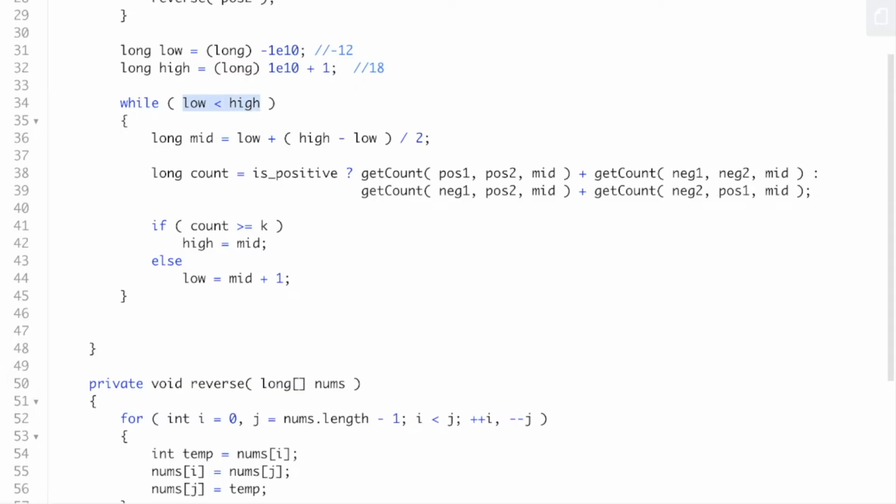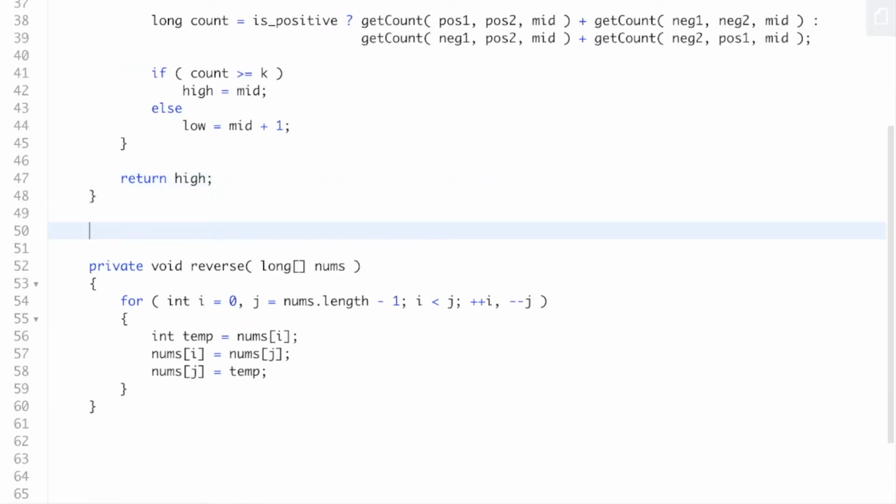That's the only way that we get out of this loop. So what we can do is just return high. We could return low too, it doesn't matter, because low is going to be equal to high, but I'm going to return high because I think that's a little more clear. Even if it equals k, I'm going to set high equal to that midpoint, and eventually mid will equal the product that we're looking for. Okay, I think we just have to write getCount.